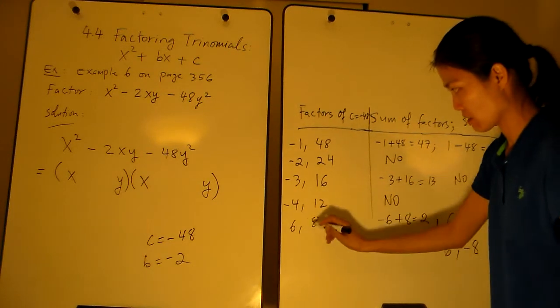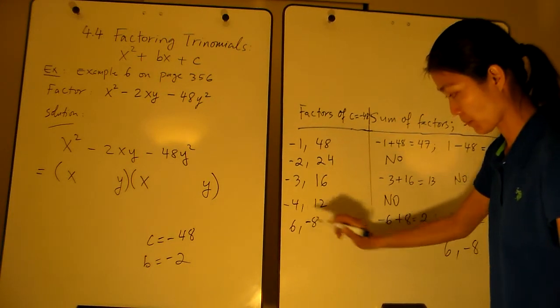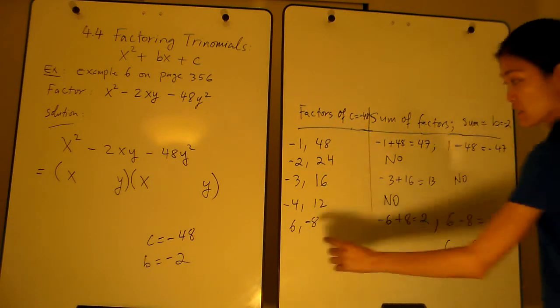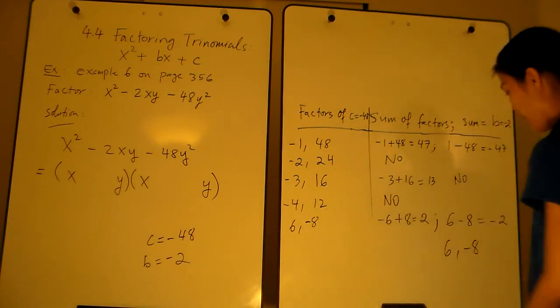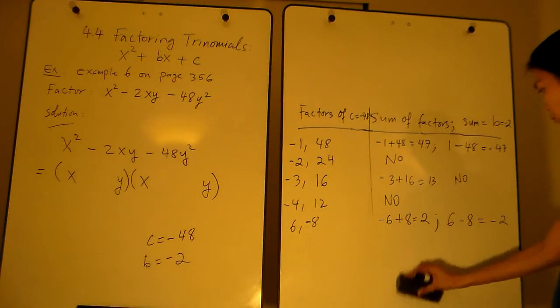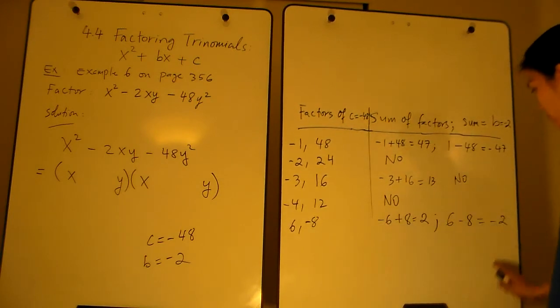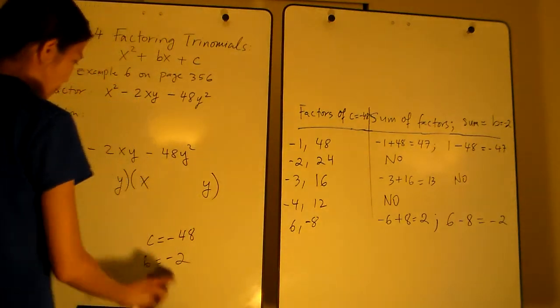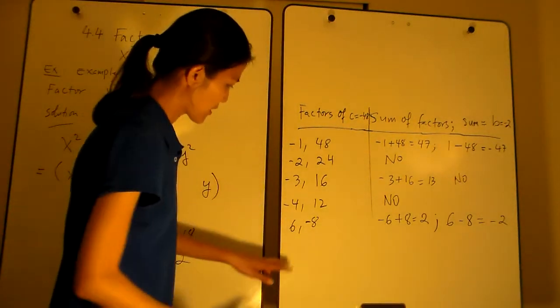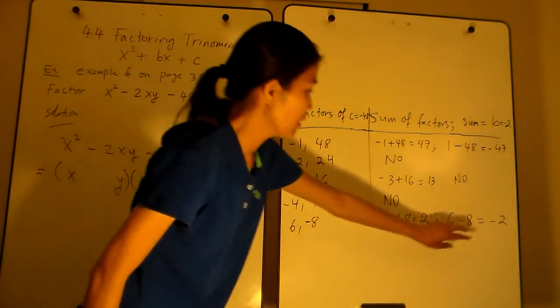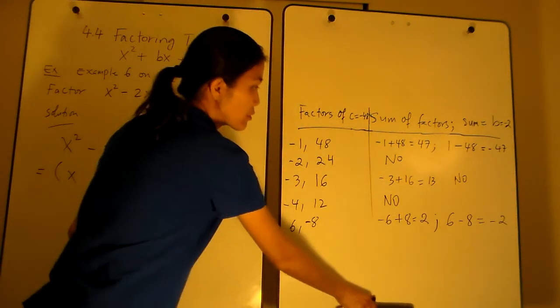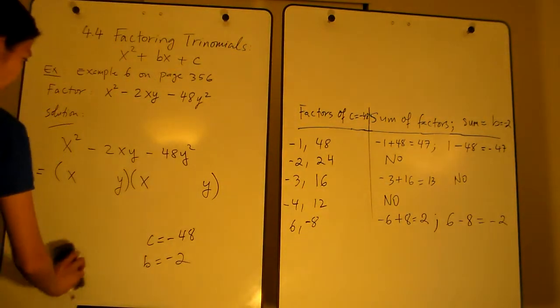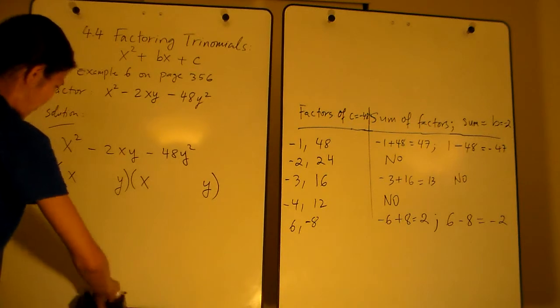Let me fix this to make it the correct one. The correct one is 6 and negative 8 would give you a sum of negative 2. So if you take the sum of 6 and negative 8, it gives you the value b, which is negative 2.